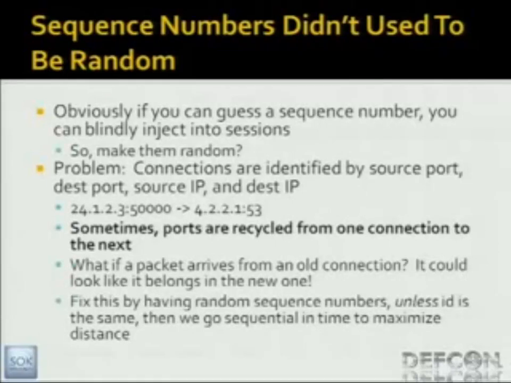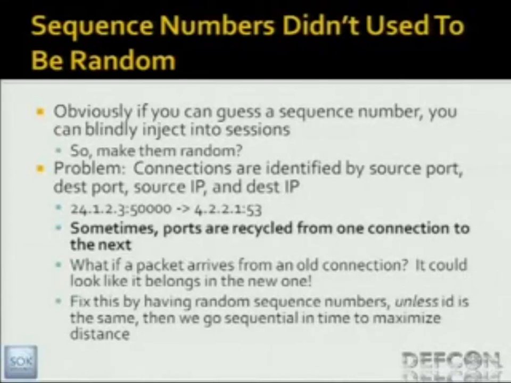So the deal is, let's say you have a connection from 24123 on port 50,000 to 4221 on port 53. You gotta make sure that if there are two connections and all that stuff is recycled, random packets from the old session don't show up in the new session. It'd be like you're reading a book and suddenly a page from some other book shows up. It'd be rather confusing.